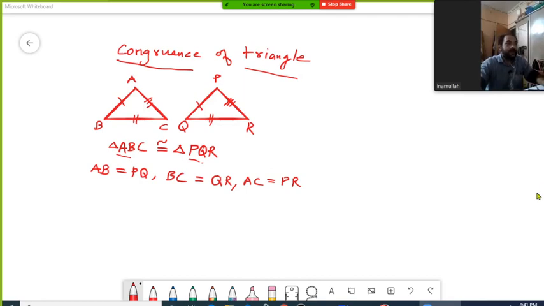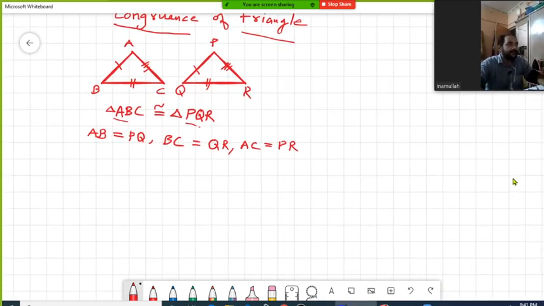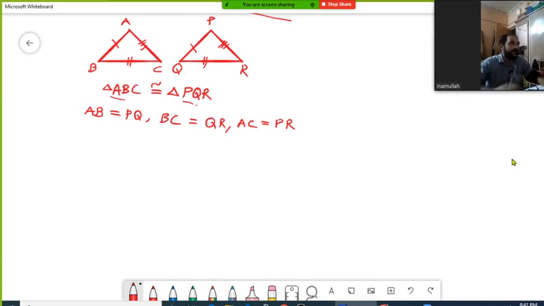Now let's move on to the angles. What about their angles? Here corresponding angles will also be congruent and equal. So you can say angle A is equal to angle P. So this is your angle A, this is your angle P. These two angles will be equal.